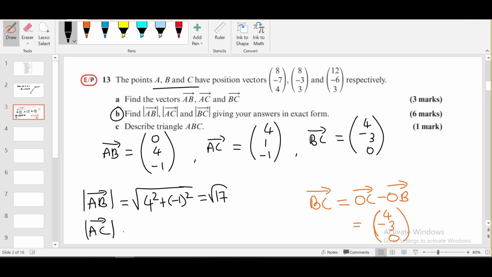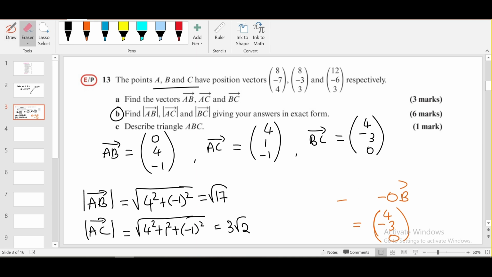AC is going to be square root of 4 square plus 1 square plus minus 1 square, which is square root of 18. Square root of 18 can be written as 9 times 2, so 3 root 2.